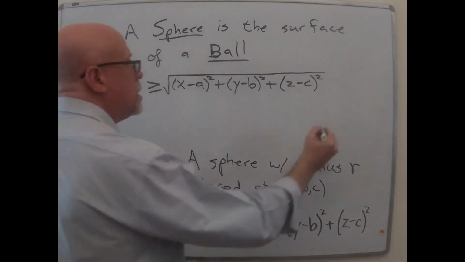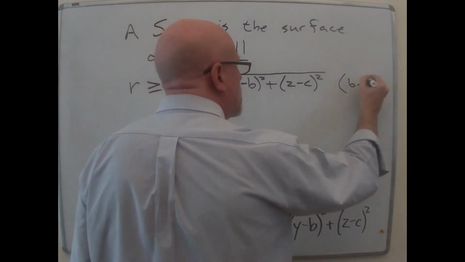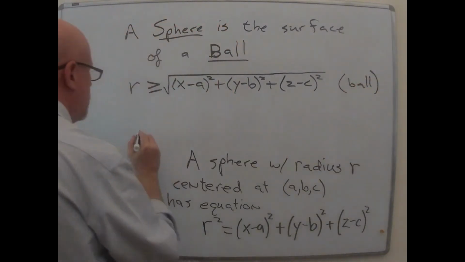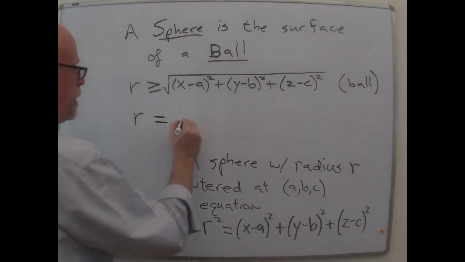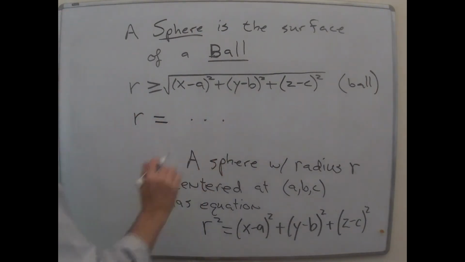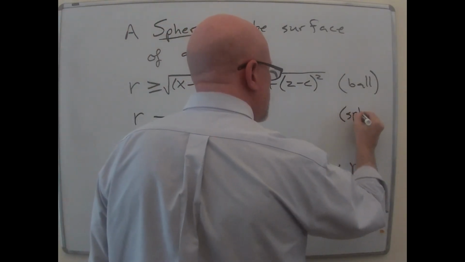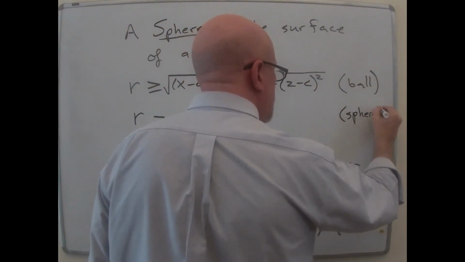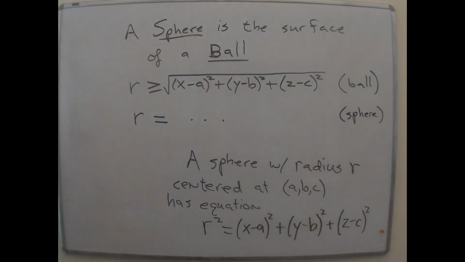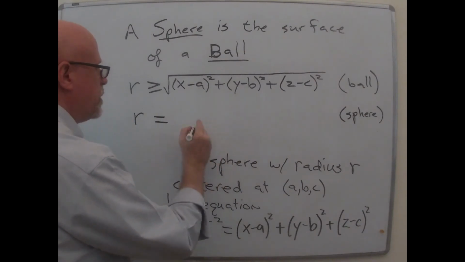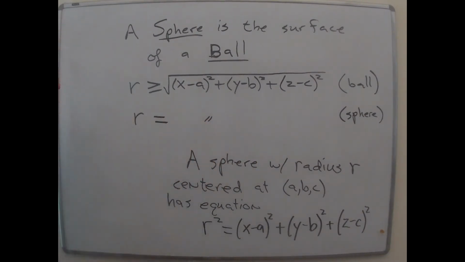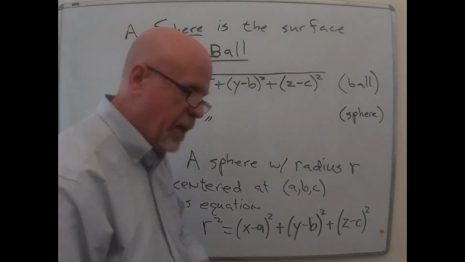If I wrote the same thing with an equal sign, and let me just say dot, dot, dot, the same formula, that would be a sphere. Well, you know what? The symbol people usually use for that is quoting the thing above. Sorry. All right, so we've made that distinction.